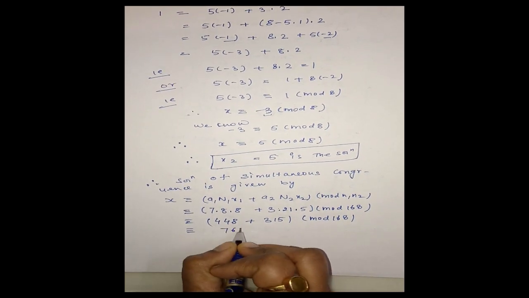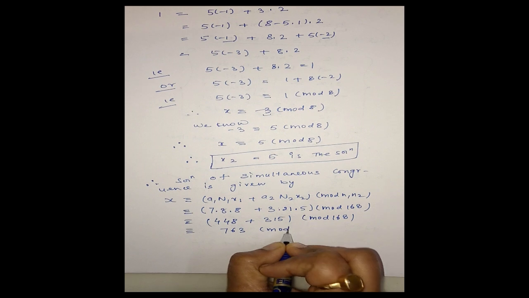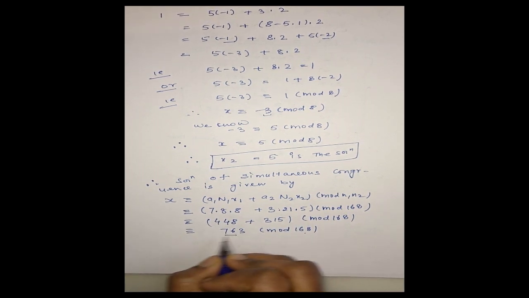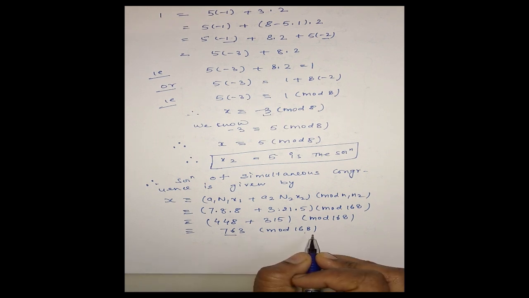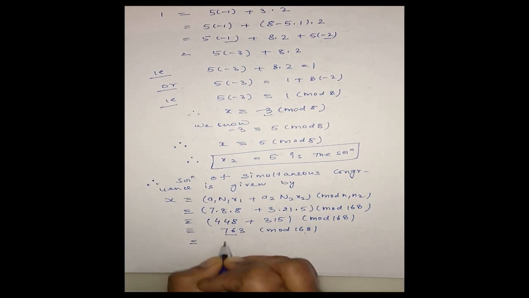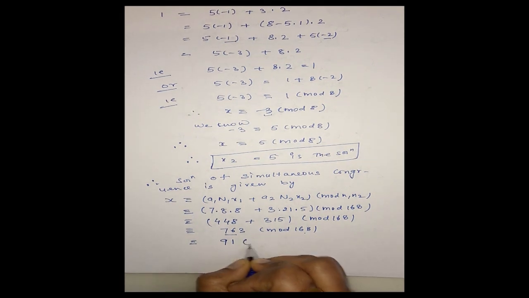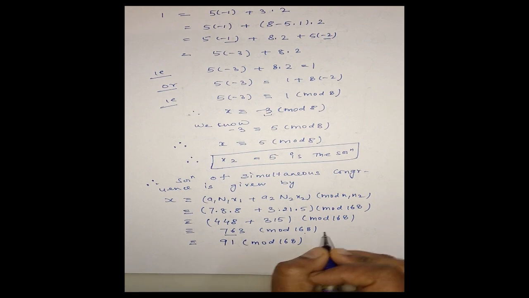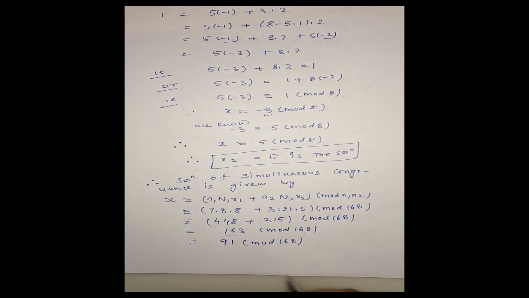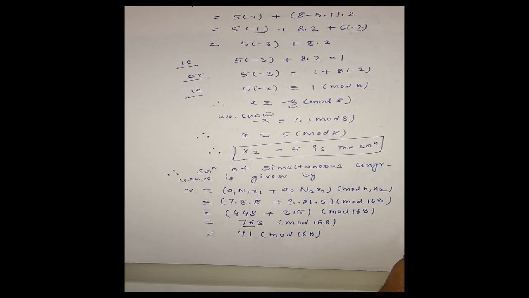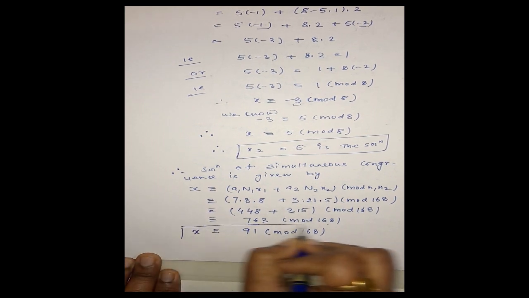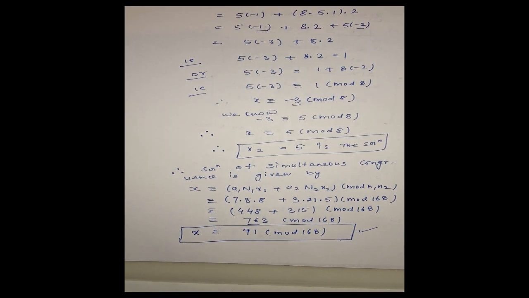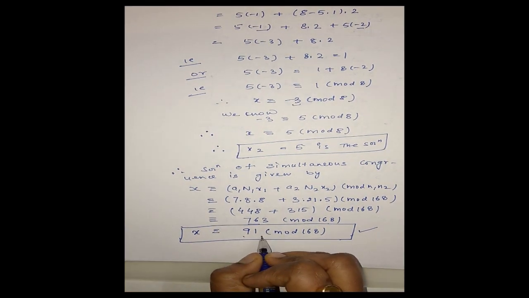This is 763 modulo 168. Okay, now this number is more than 168, therefore we will divide this number by 168, and the remainder is here. On dividing 763 by 168, 91 is the remainder. Therefore this is the answer, means this is the number, 91 is the number.